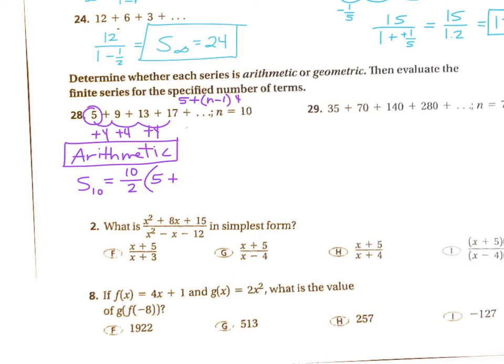So if we plug that in, our 10th term would be 5 plus 9 times 4, or 36 plus 5. So that would be 41. Okay, so that's our last term. That's what's going to go here in our formula. And so when we simplify that, you get 5 times 46, or 230.